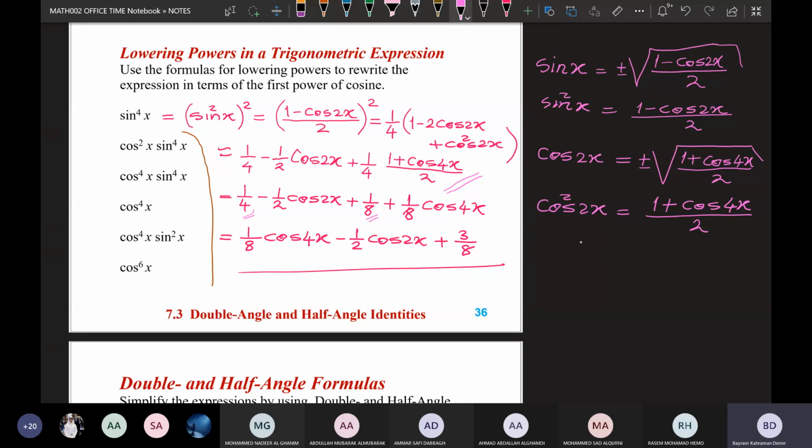Maybe let me do another one for you. Let's do the second one: cosine square x times sine to the 4th power of x. So sine to the 4th power of x times cosine square x.